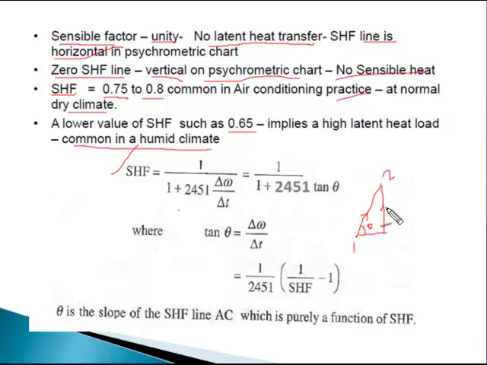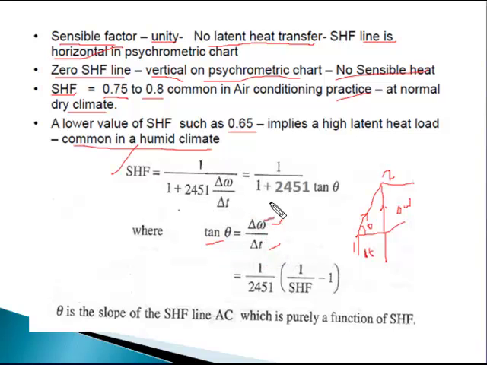At the time of latent heat absorption, the humidity changes by del omega, and the temperature difference is del T. Then we get tan theta equal to del omega divided by del T.